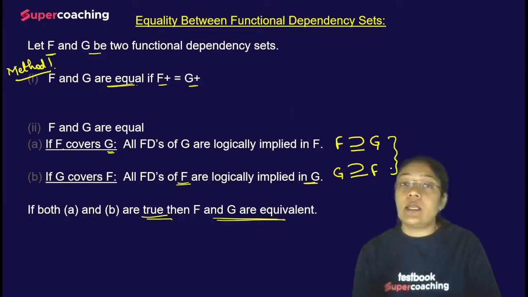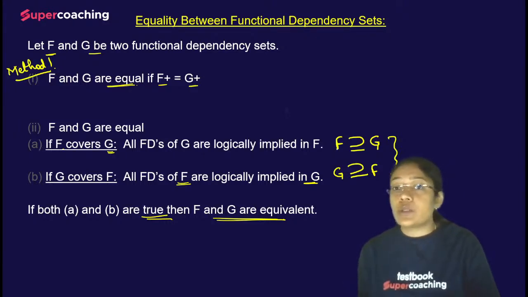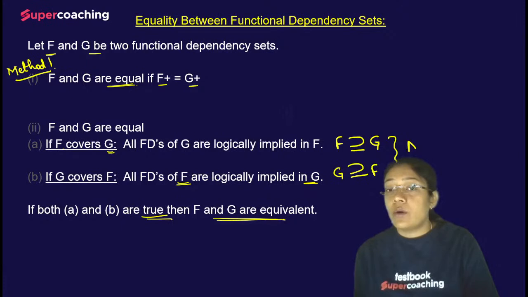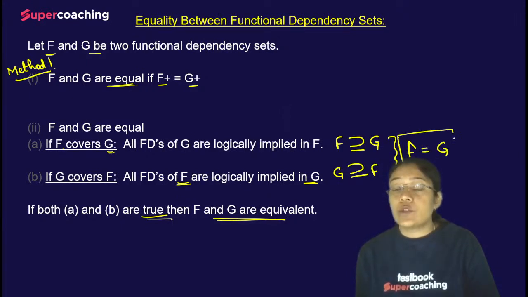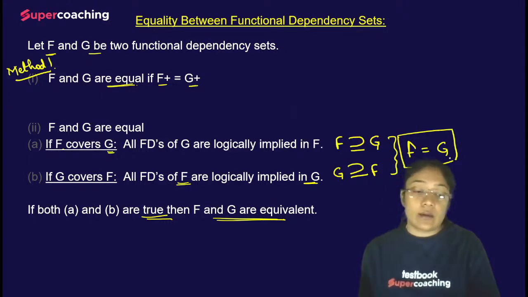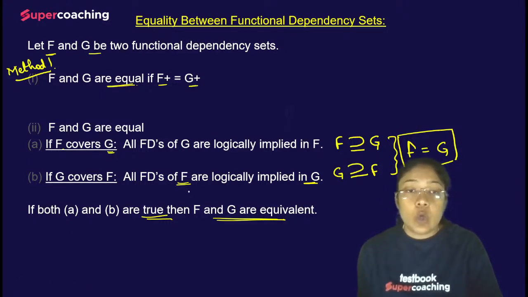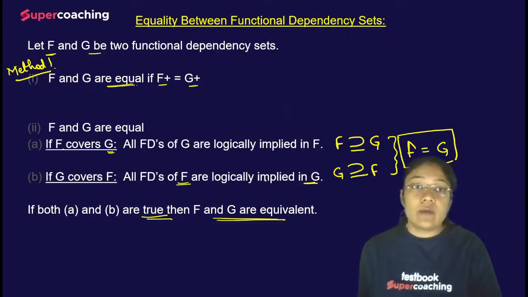A is greater than or equal to B, B is greater than or equal to A. So this is possible only when F is equal to G. Yes? So this is what we have to check. How to logically imply dependencies, that we have discussed just now. So we'll be using this concept.